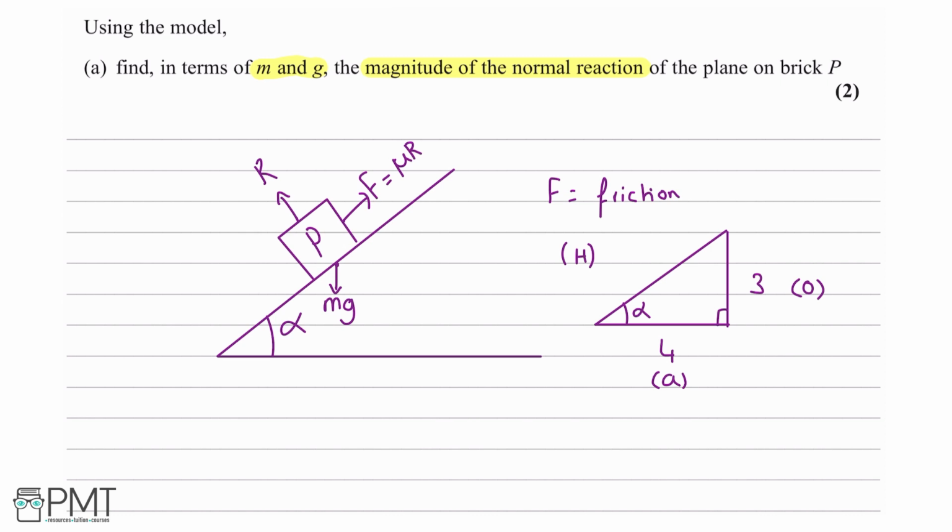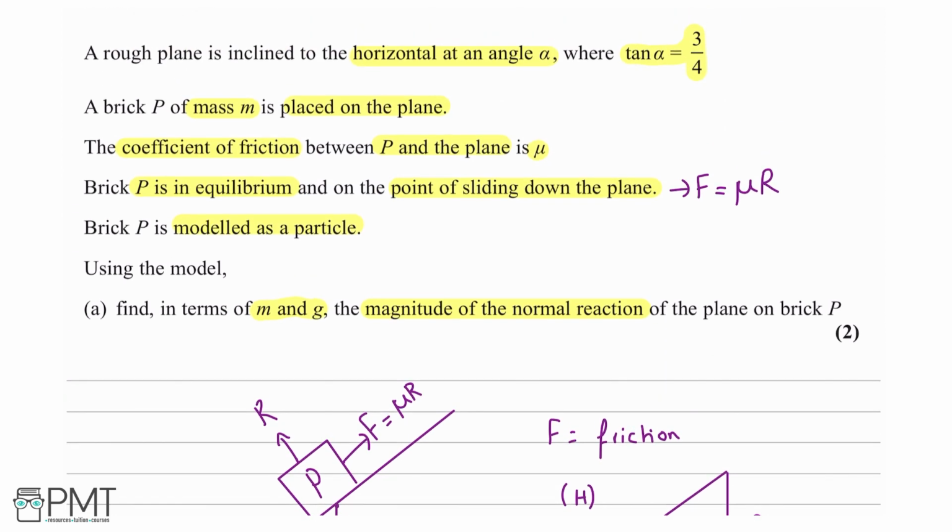Now, if we look on the right-hand side at the triangle I've drawn, I've labeled here that F equals friction, by the way. The reason we're able to draw this triangle is because when we're told tan alpha equals 3 over 4, we know that the tan of any angle, say alpha, from SOHCAHTOA, is the opposite over the adjacent.